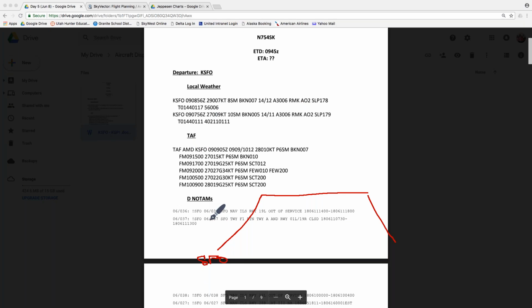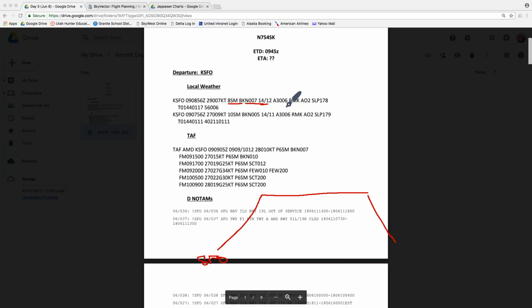If there's a ceiling layer too, you want to write that down. Okay, so right now in San Francisco, got 8 miles visibility, we got ceilings at 700 feet, and the temperature and dew point is 14 degrees and 12.